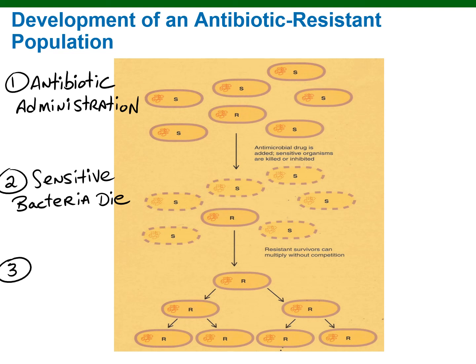If it continues to grow because the antibiotic does not have an effect on that organism, then eventually there can be a superinfection where only resistant bacteria, labeled R, are now causing the infection.